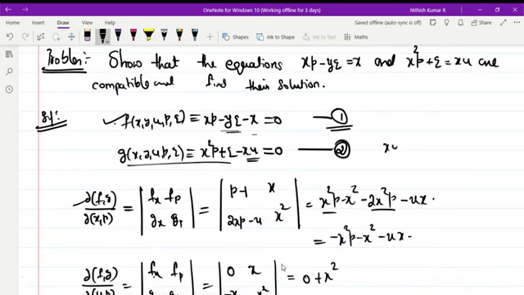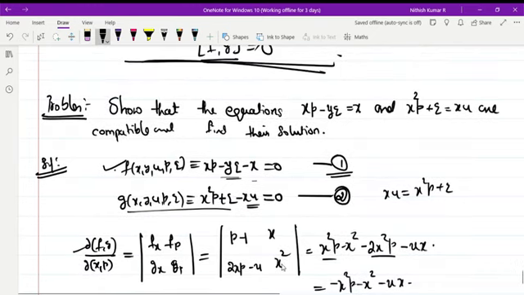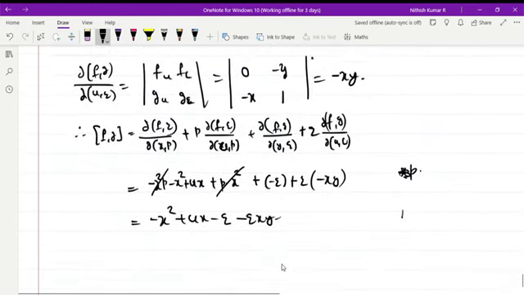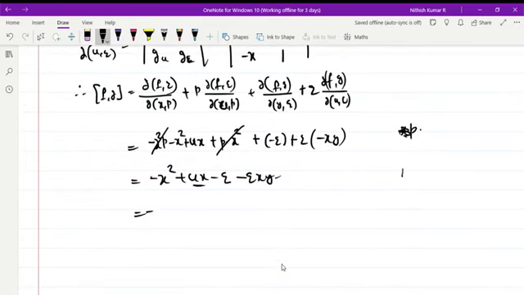Now substituting ∂(f,g)/∂(x,p), this is minus x square p minus x square plus ux plus q plus y.